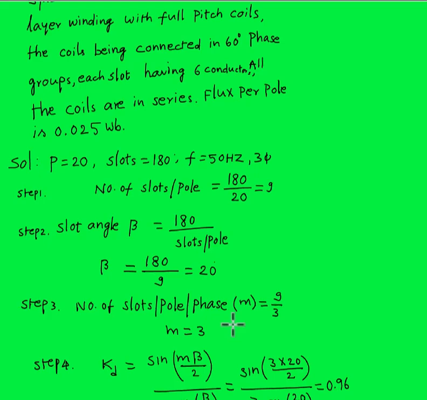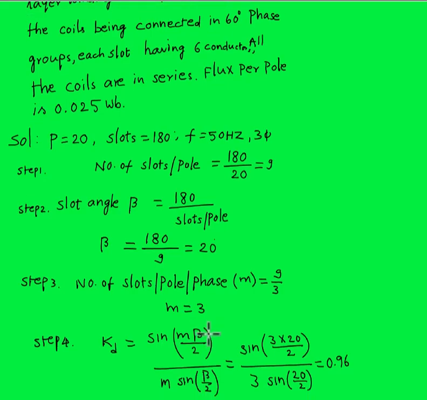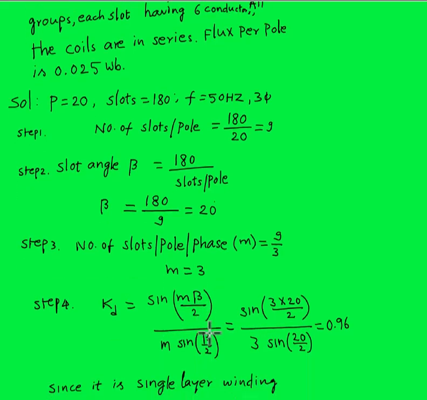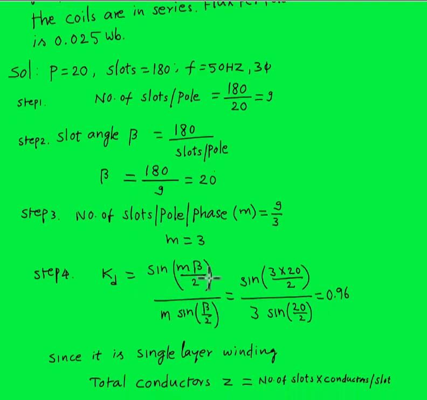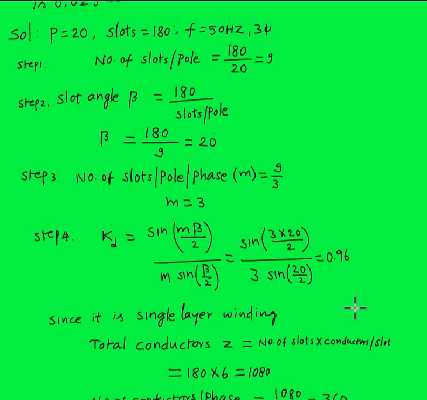Next, step 3, the number of slots per pole per phase, represented by M, is equal to the number of slots per pole, 9, divided by the number of phases, 3. So M becomes 3. Now the distribution factor using this M value and beta: Kd is equal to sine M beta by 2 divided by M sine beta by 2, which is sine of 3 into 20 divided by 2, divided by 3 into sine 20 by 2, that is 0.96.